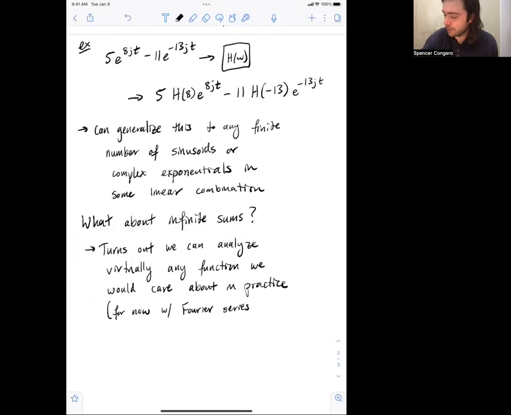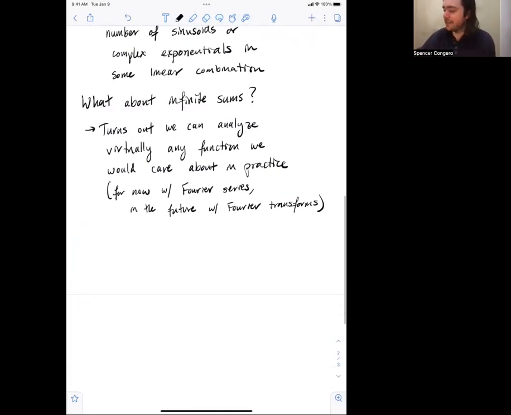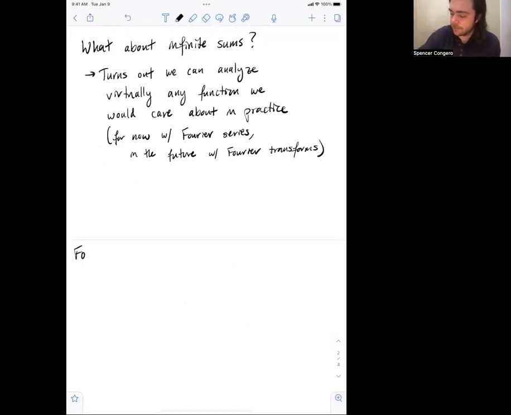In the future, we'll deal with Fourier transforms. All right, so let's get into the definition of Fourier series.